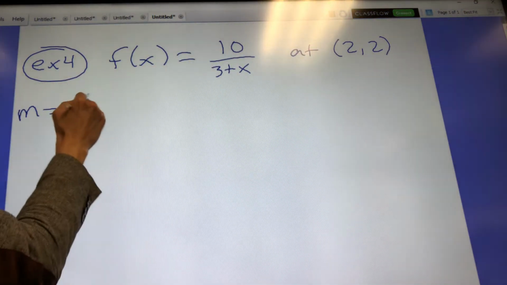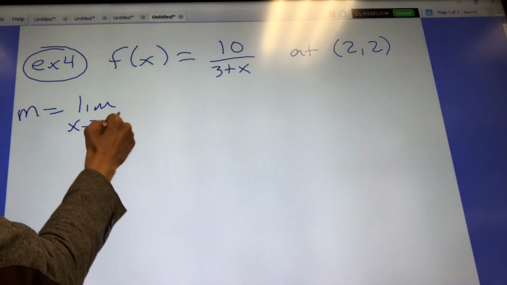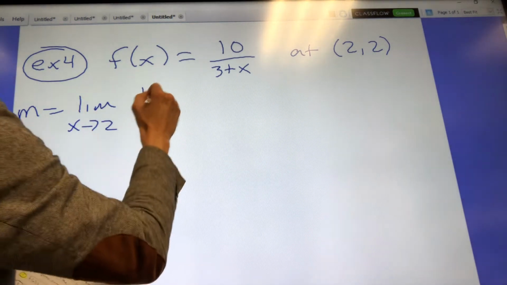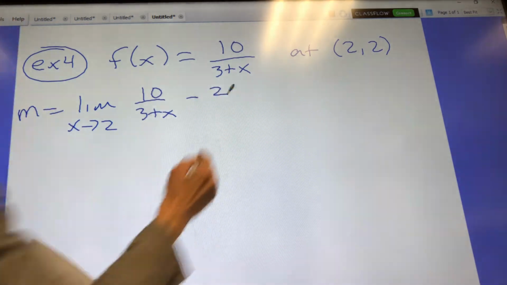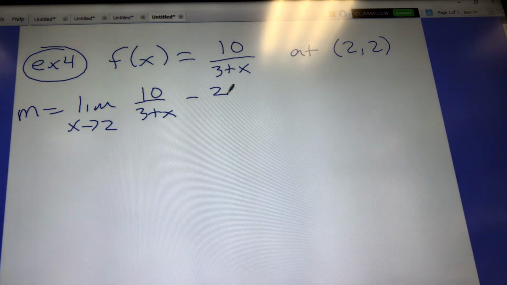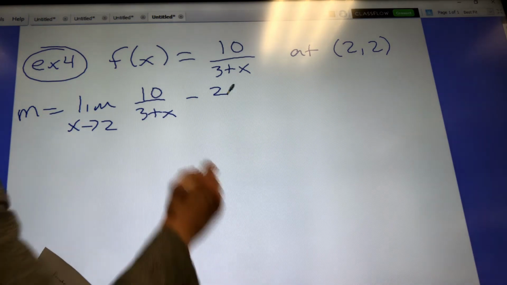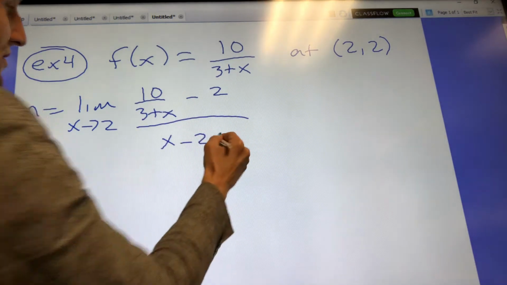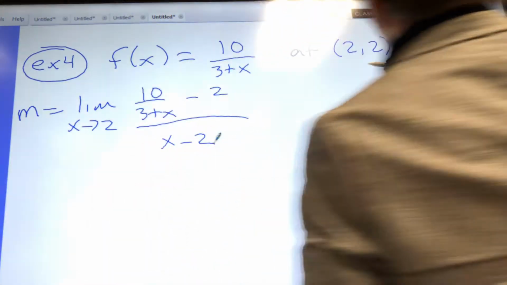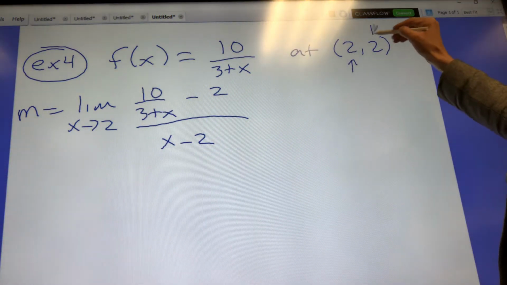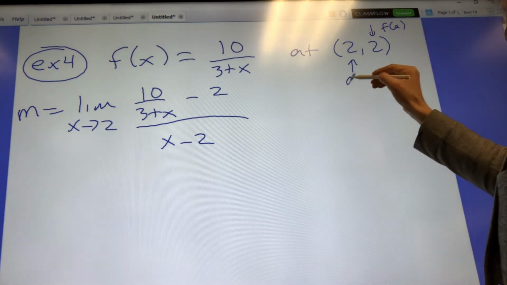So the slope is the limit as x goes to 2 of f of x minus f of a, f of 2, divided by x minus 2. All right, again, the first 2 is a, the second 2 is f of a.